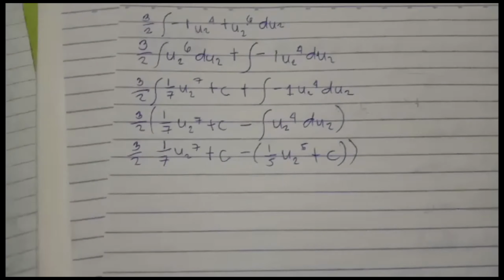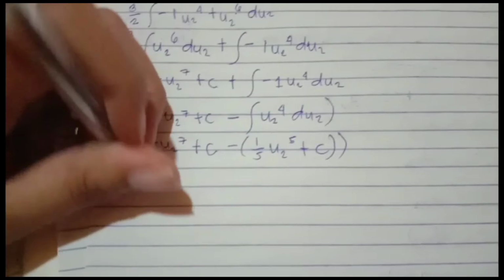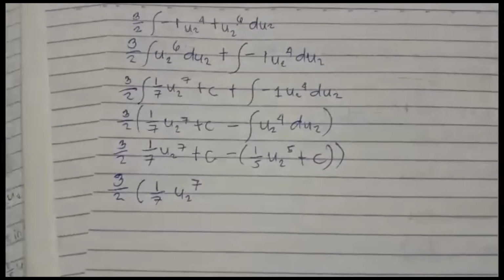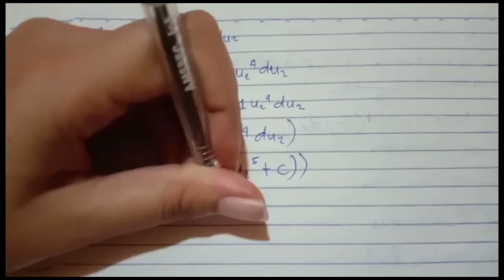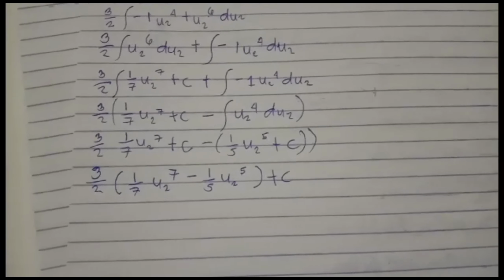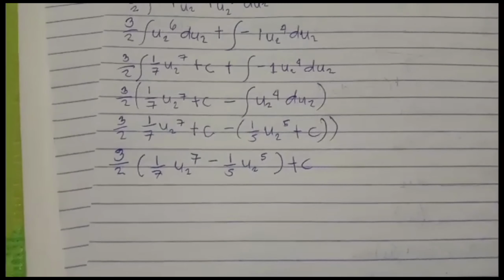Then simplify. So, 3 over 2 times 1 over 7 u2 to the power of 7 minus 1/5 u2 to the power of 5 plus C. Now, substitute back in for each integration substitution variable.